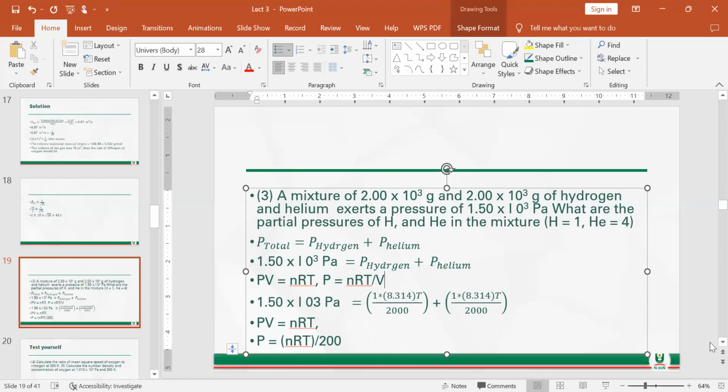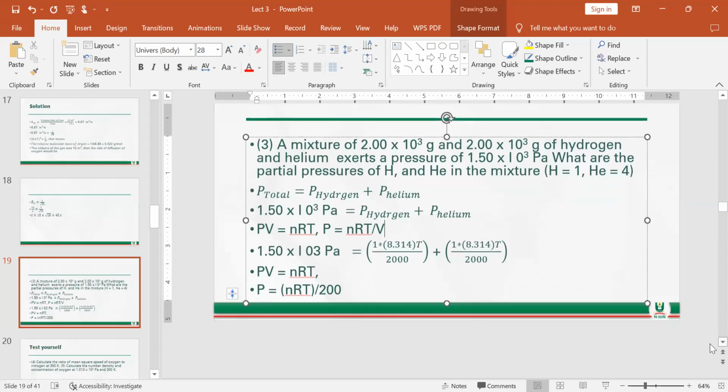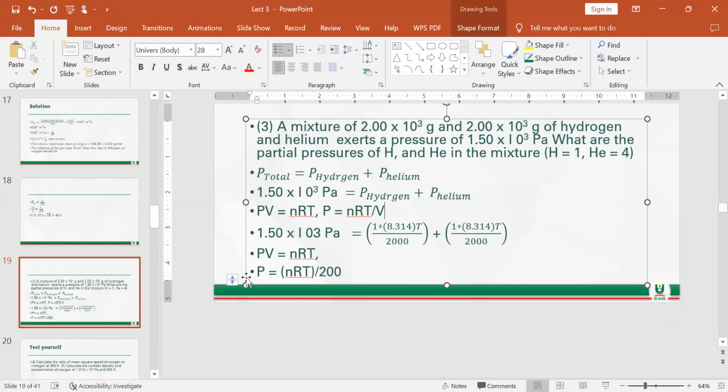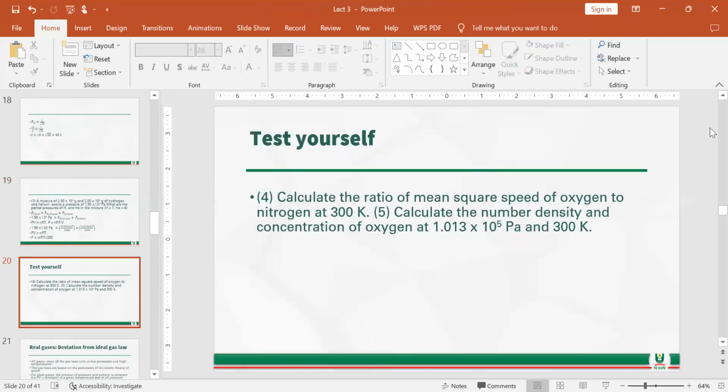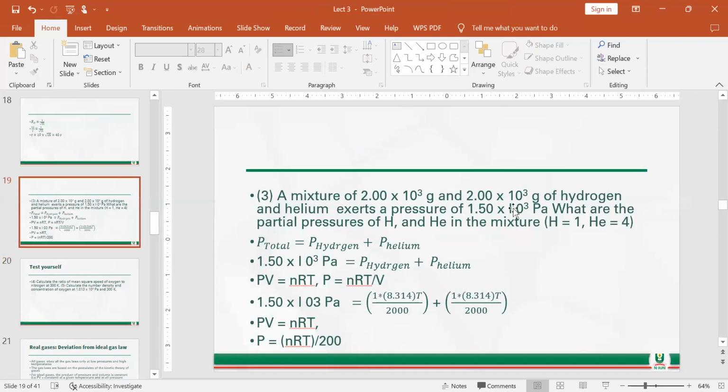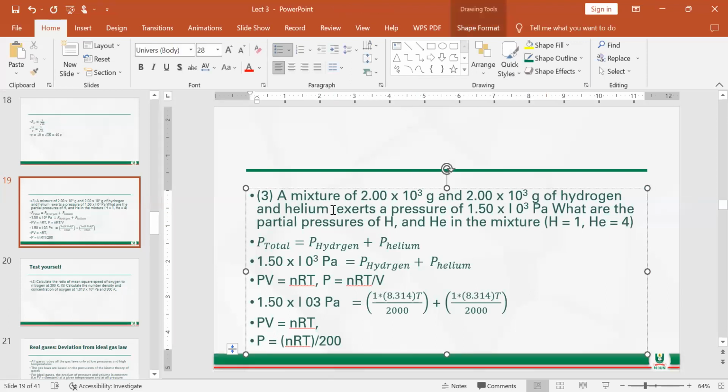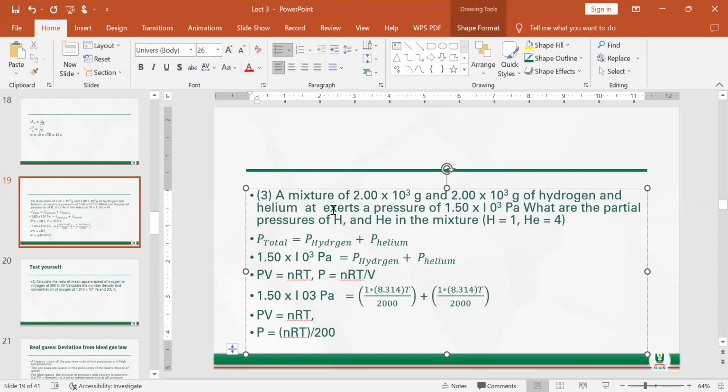You were asked to calculate the partial pressure. So now, we have said that PV is equal to nRT. That means P is equal to nRT all over 200. And that means we are able to calculate once we see the common temperature. Let me put the temperature at 273 Kelvin, standard temperature and pressure.